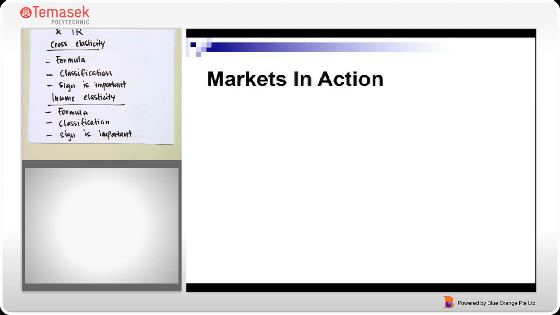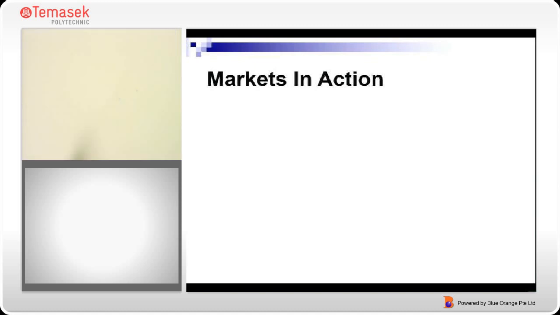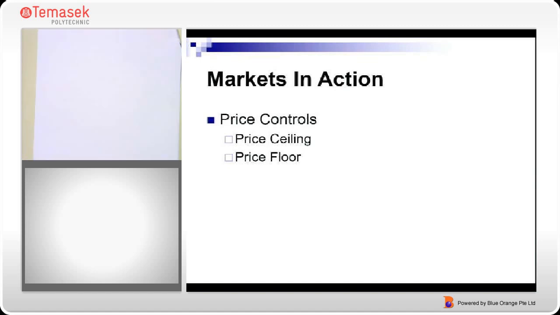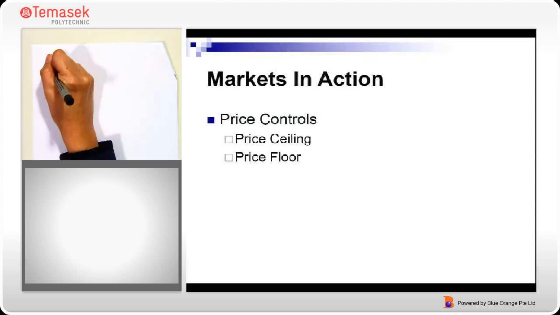Next topic will be markets in action. So in markets in action, there are two types of price controls: price ceiling and price floor. Now for each of these, you should be able to identify when to use a price floor and when to use a price ceiling.